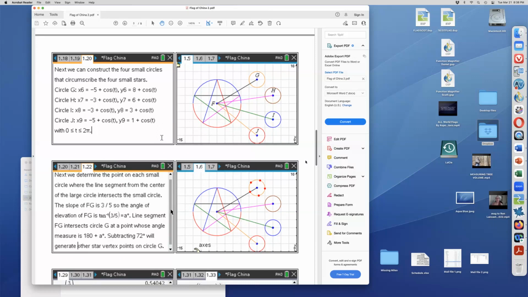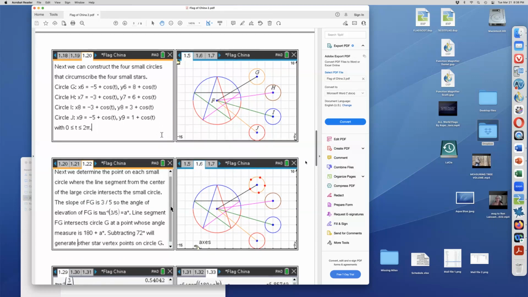And so the next thing we need to do is ask ourselves how we can get the stars in the circle, so they're pointed in a way that they're pointing towards the center of the circle.